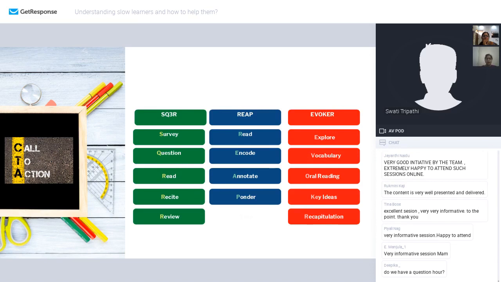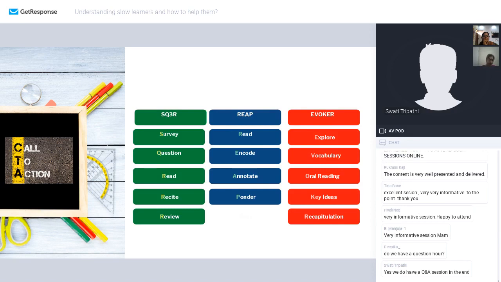The first R is for read. You read actively and try to answer the questions given in the text. When you recite, you read it aloud and try to repeat it in your own words, and then ask yourself questions and also try to explain to someone else what you have understood.